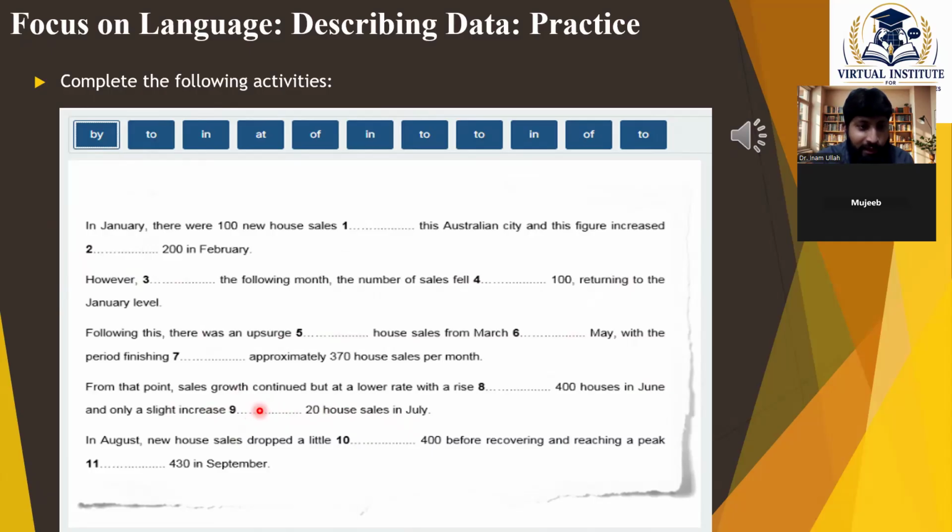Yes, a slight increase of 20 houses in July. Very good. In August, new house sales dropped a little to 400, before recovering and reaching a peak of 430 in September.